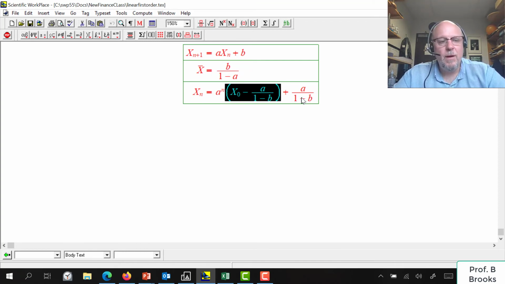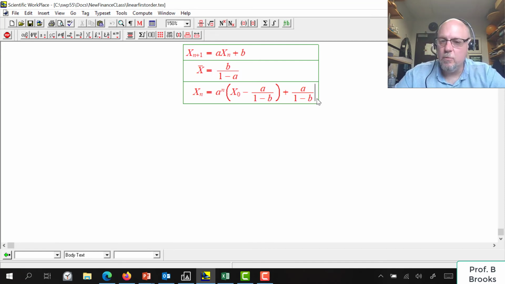So what does that mean? An equilibrium is the equilibrium. Fine, we knew that. But we can also talk about the stability of the equilibrium. Because we saw examples in the previous video where we went towards the equilibrium, we call that a stable equilibrium, or we went away from the equilibrium, we call that an unstable equilibrium. And now we can see what's governing whether that equilibrium is stable or unstable is the a value.